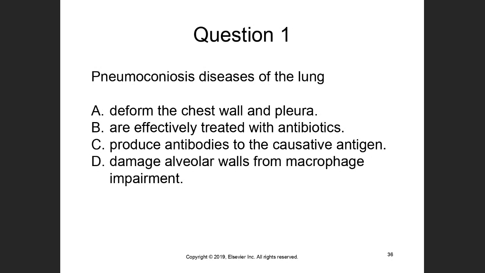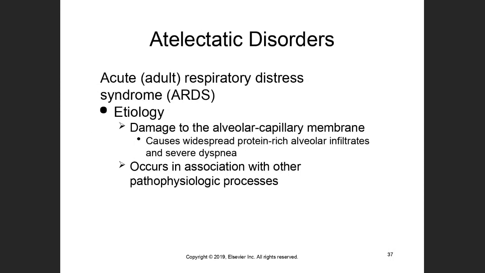What's the answer? Remember, pneumoconiosis, it's exactly D because it's the same mechanism as smoking. You activate the macrophages and that damages the lungs.